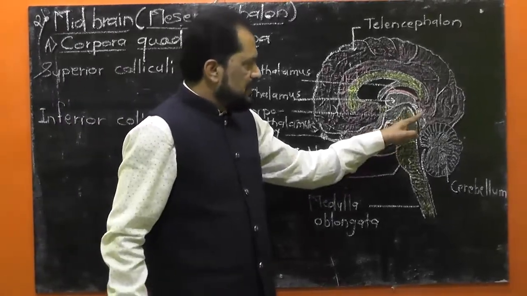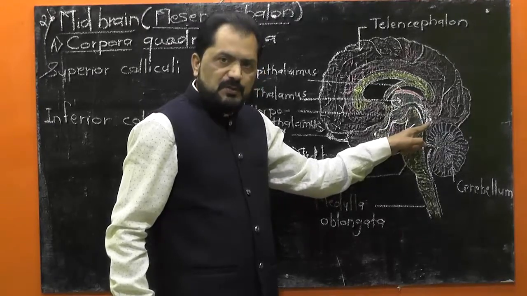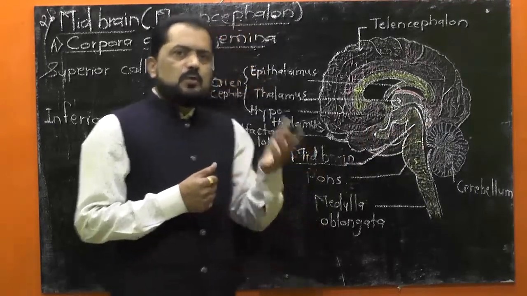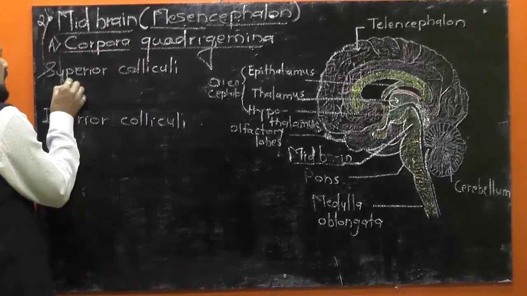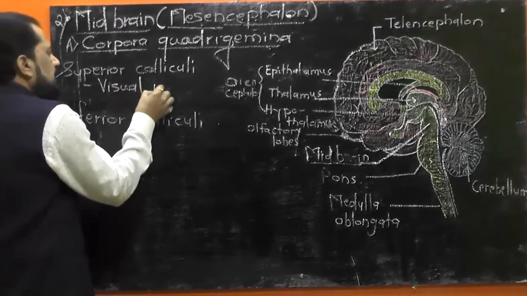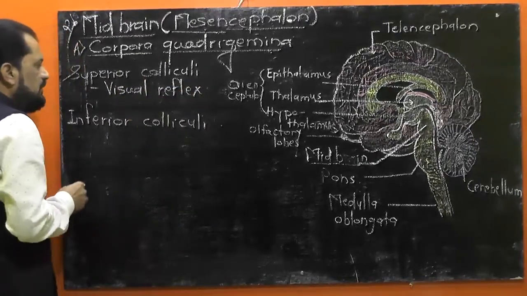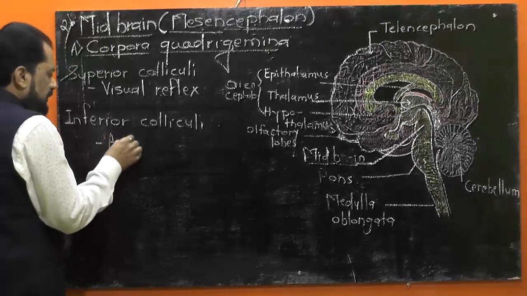Here you can see, here is a superior colliculus and here is an inferior colliculus. Now, what is the role of these colliculi? Superior colliculi are involved in visual reflex, while inferior colliculi are involved in auditory reflex.